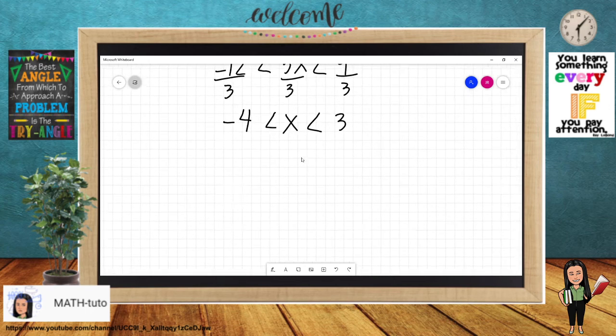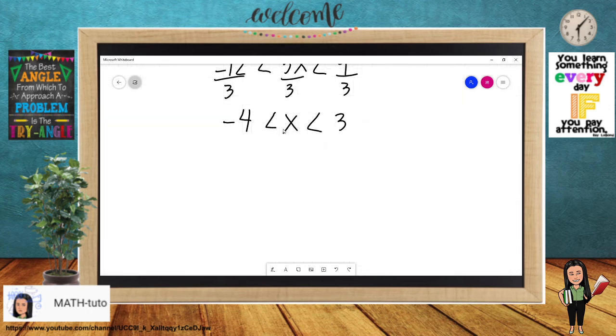Okay, let's check our final answer. If we separate this into two inequality, this means that x is greater than negative 4, and at the same time, x is less than 3. And that is possible, that x is greater than negative 4 and less than 3. So, to sketch the graph of our answer, let's sketch. Here I put the 0.